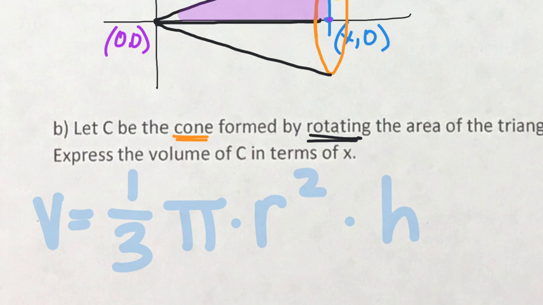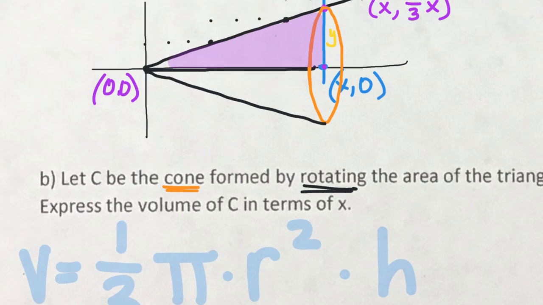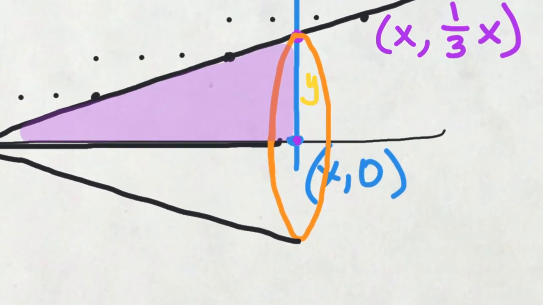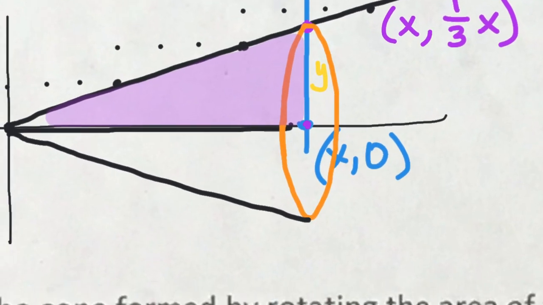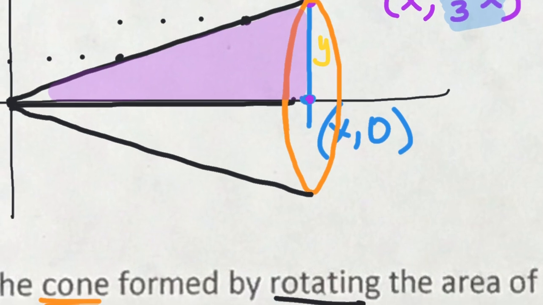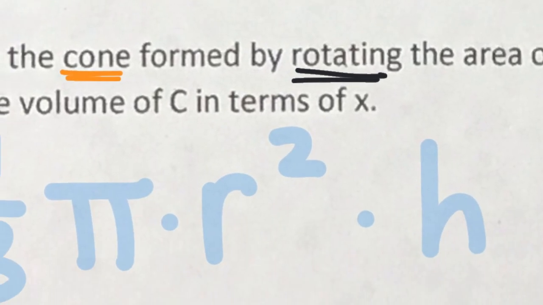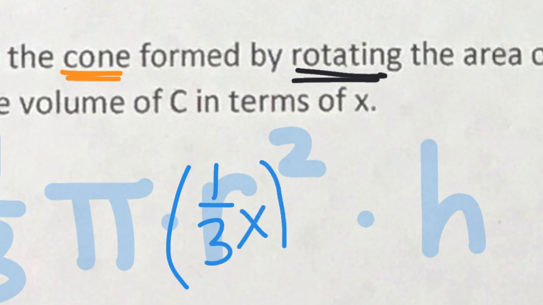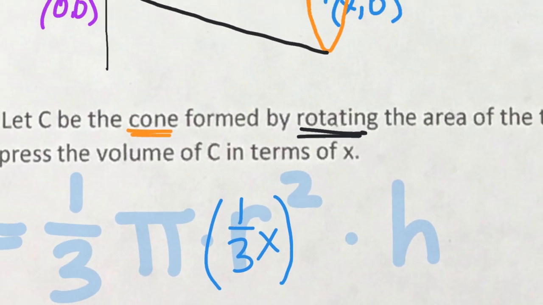And let's see what we have. Remember the radius, okay? The radius of our cone was the y value of your coordinate. Okay, so once again, the y value of your coordinate was 1/3 of x. So in place of r, the radius, I'm going to put 1/3 of x, right? Because the radius is the vertical distance in this case.